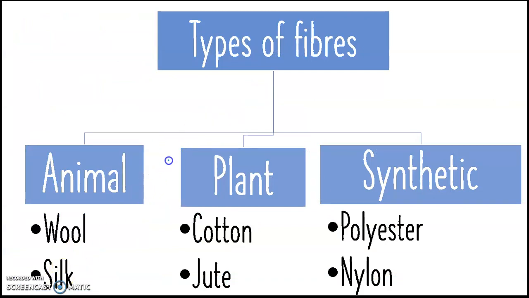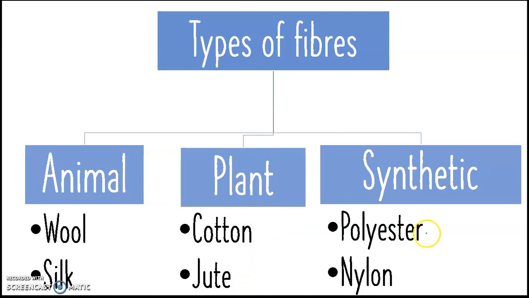So there are animal fibers, plant fibers, and synthetic fibers. In animal fibers, there is wool and silk. In plant fibers, there is cotton and jute.